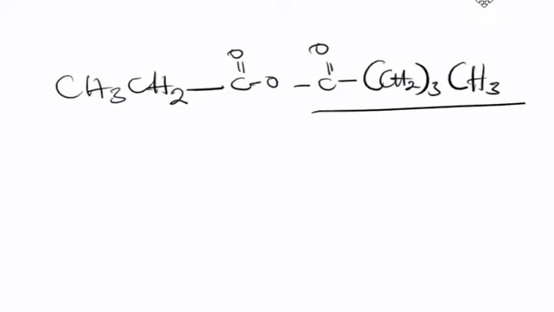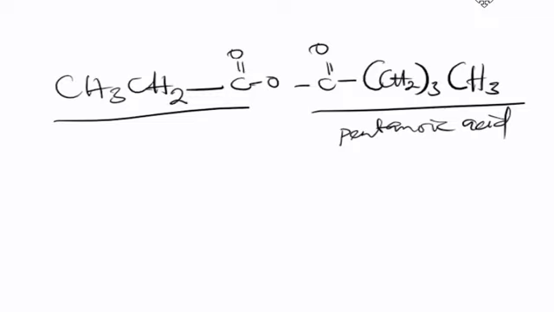So what's this? This is pentanoic acid, because this CH2 times 3, that's 3, plus this, that's 4, then plus this, that's 5. So this is pentanoic acid, while over here this is 1, 2, 3. So this is propanoic acid.